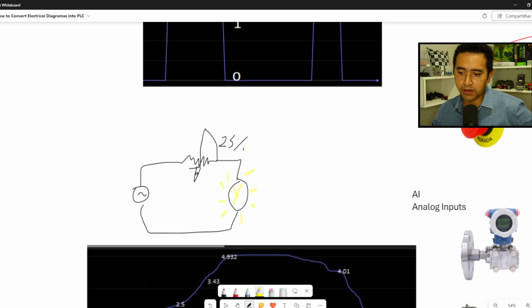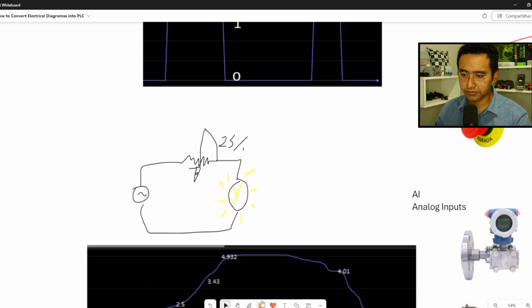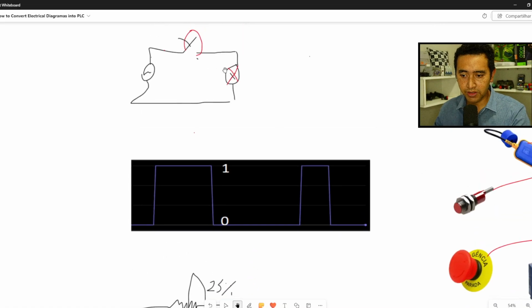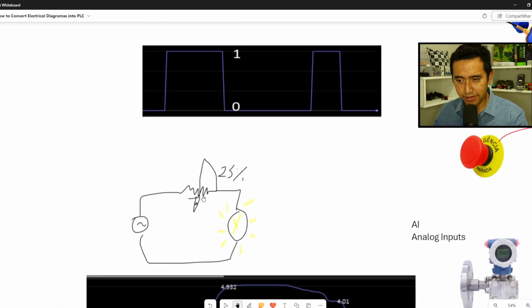In the first example, my lamp is turned on or turned off. It cannot take a place in between. But here it's possible. My lamp is at low brightness at 25%.